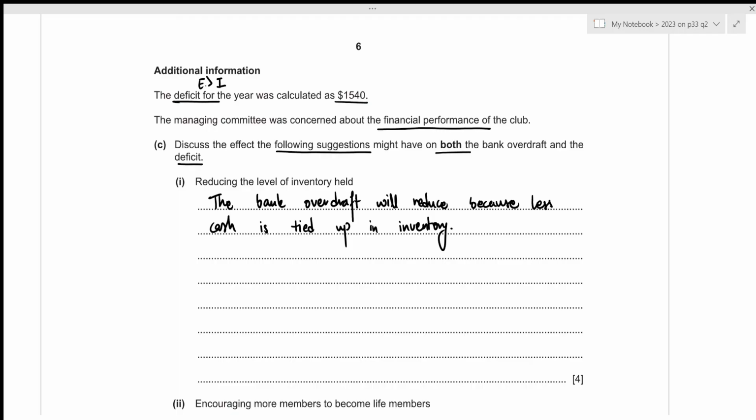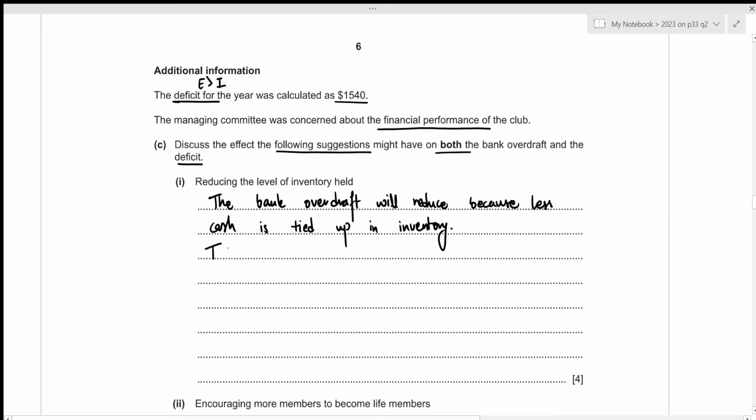So inventory is also the leftover part of the purchases made. And regardless of the level of inventory that we hold, we have to pay the full amount for the entire inventory that we purchased in the beginning, right? So there will be no effect on deficit by reducing the inventory level because that is not going to directly affect the cost of sales as the purchases will be reduced by the same amount.